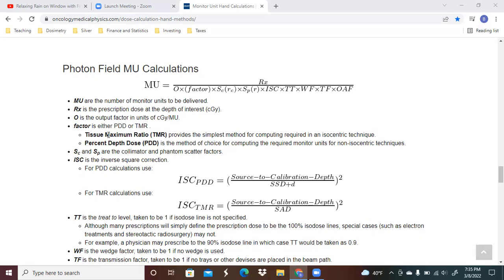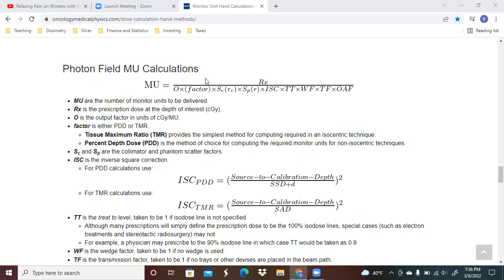For those cases in which you have an SSD setup, we would end up using a percent depth dose. And if you have a non-isocentric technique, that's what you're going to end up using. So in other words, we're not setting the isocenter somewhere in the body. We're setting a certain distance to the skin, something like that. This is the factor that we're going to end up using. So that's why I want you to know the difference between these two.